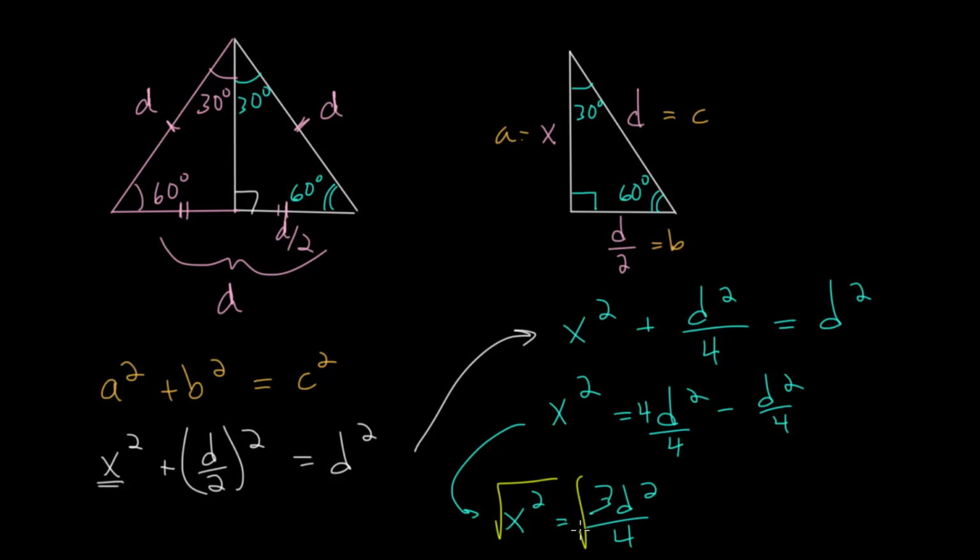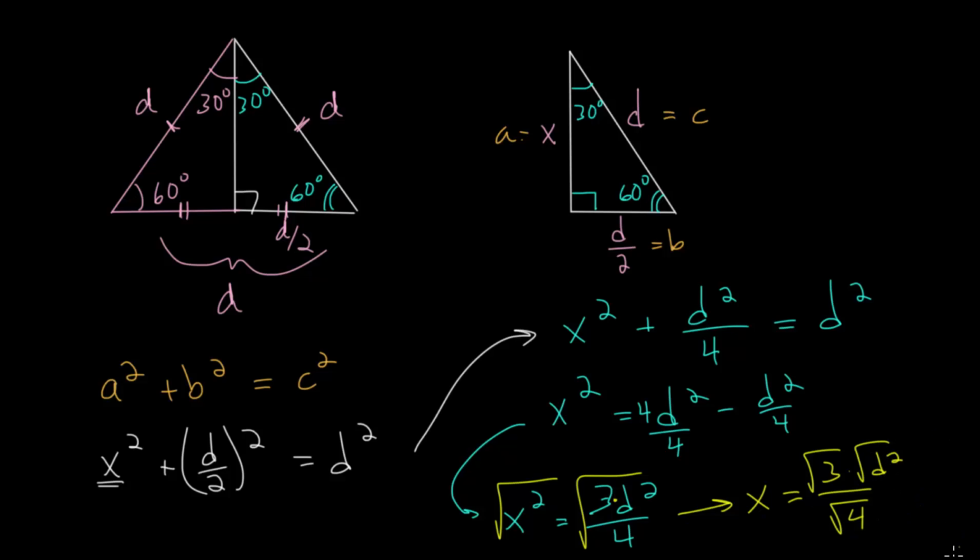And when we take the square root of x squared, that's just equal to x. And over here, we can separate this into a bunch of individual square roots since we have a product and a quotient. So when you have a quotient, you're taking the square root of the top and the bottom separately. So we definitely get the square root of 4 in the denominator, and up top we get the square root of 3 times d squared, but I'm actually going to give them each their own square root because, again, this is a product here.